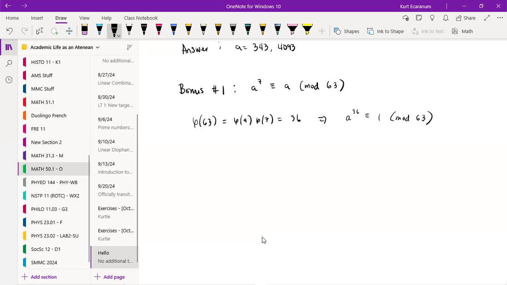But as far as 63 is concerned, it's a special number. We can make the exponent even smaller.